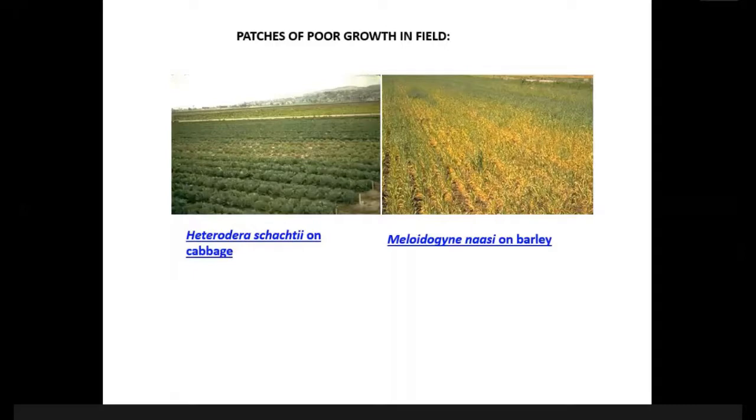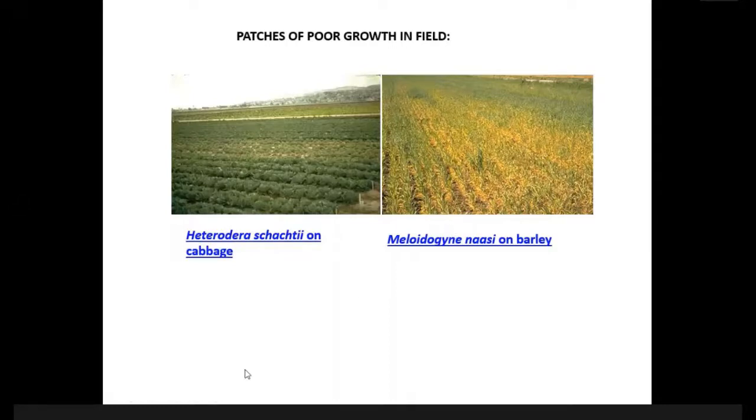Nematodes like the aggregation of their population. As a result, there is patchy distribution of symptoms in the field. So symptoms of the diseased plants are not distributed in the whole field, but in a particular region of the field. Maybe there are several patchy infected areas, but not the whole area.